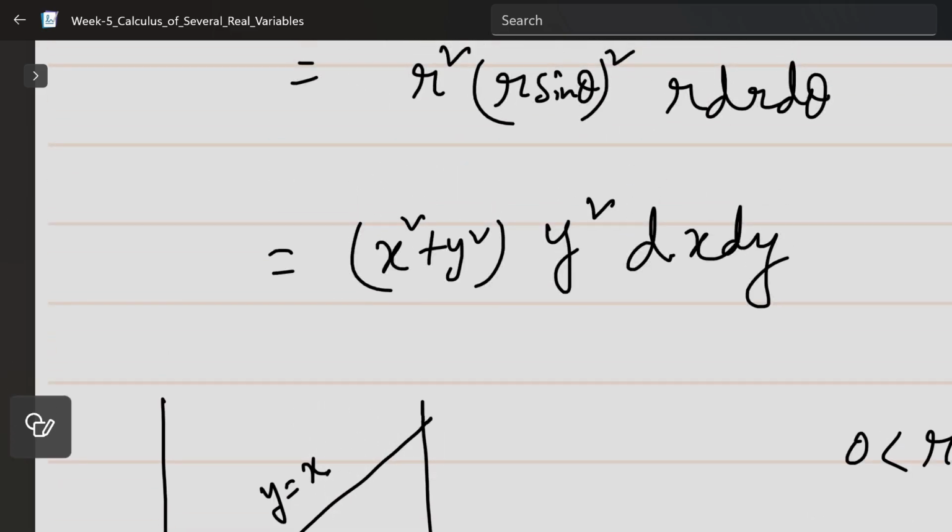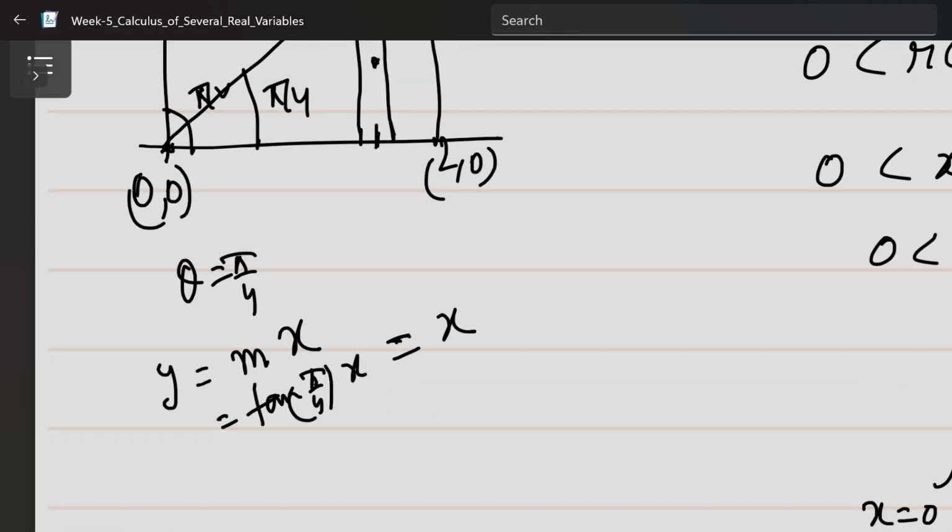For a fixed x, y is varying from this point to this point, so 0 to x, and x is varying from here to here, which is 2. Okay, correct?